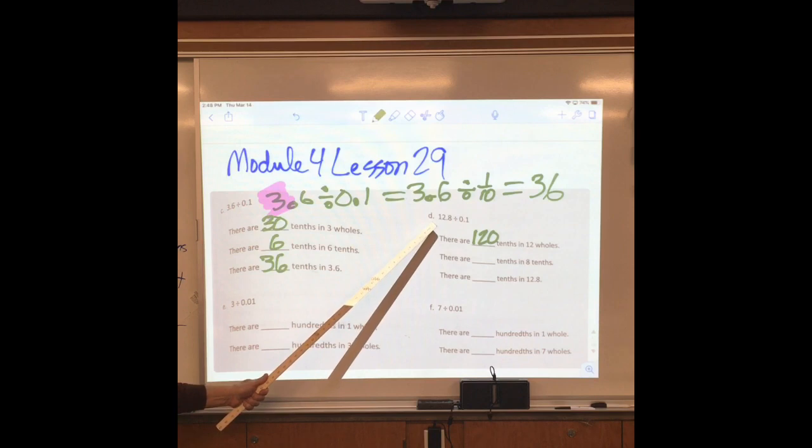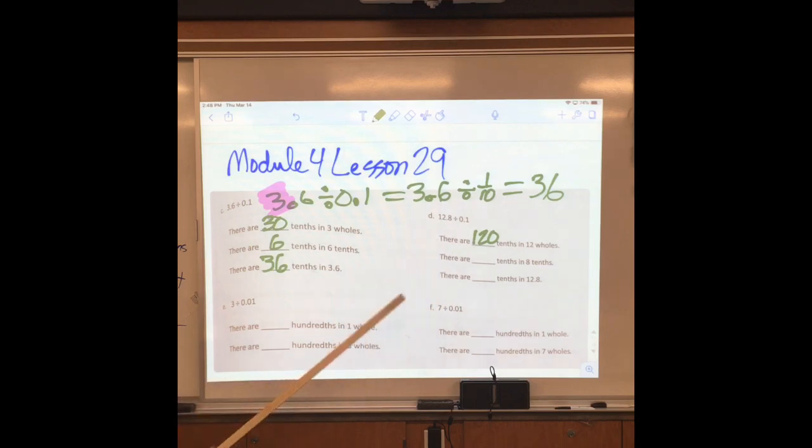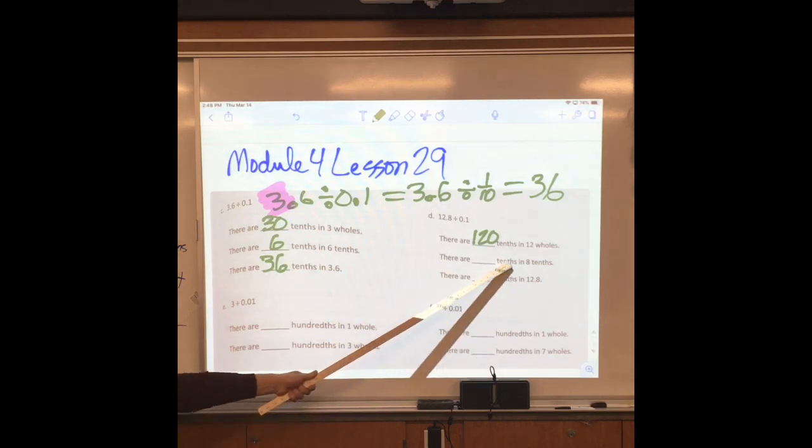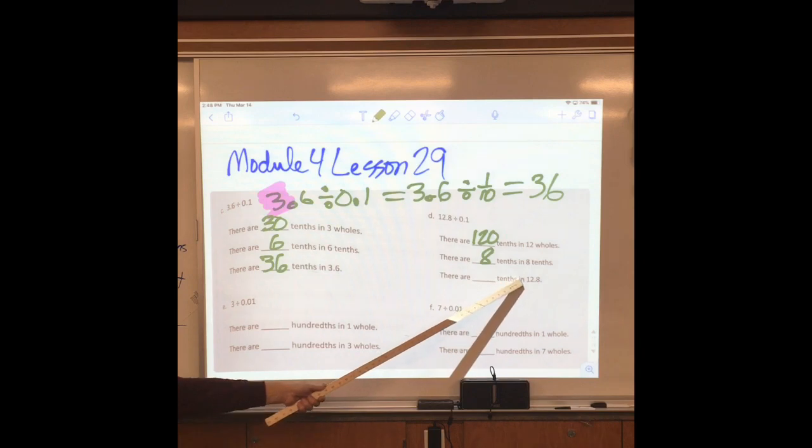Remember, we would get 10 for each whole. So when we have 2, we're going to end up with 20. When we have 12, we're going to get 120. All right, how many in 8 tenths? Well, I hope you said 8. So how many tenths are there in 12.8?